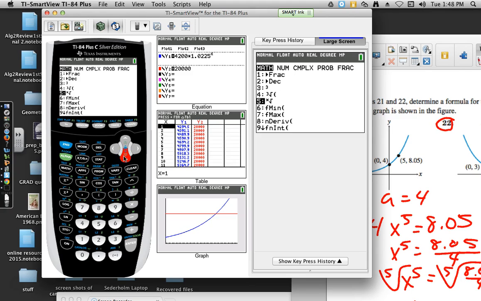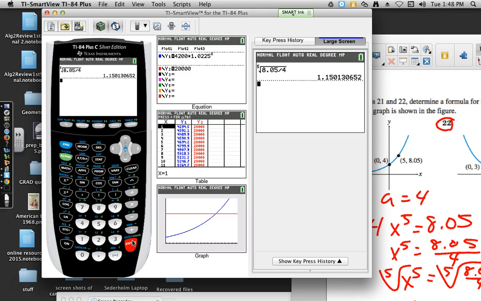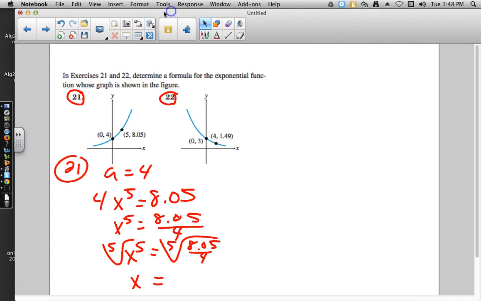That little x that you see there is the number that you just punched in on the main screen. So that tells it you want the 5th root. And we want the 5th root of 8.05 divided by 4. And there it is. So we would go with approximately 1.150 with rounding for our b value.